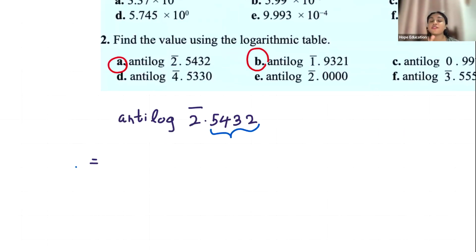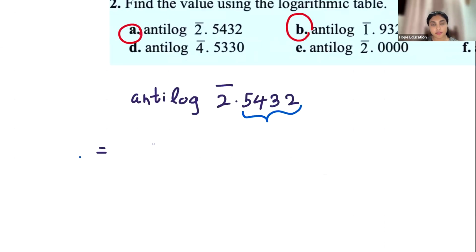Okay. So 3493 is the value. Okay. So we get 3493. Mantissa එකෙන් තමයි අපි value එක read කරන්නේ.